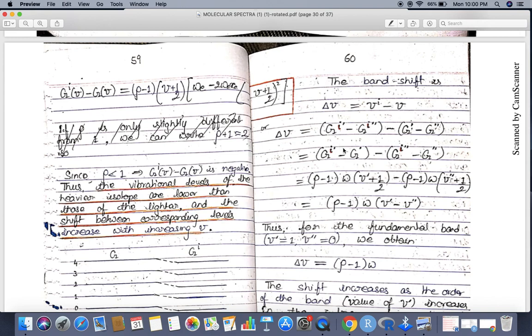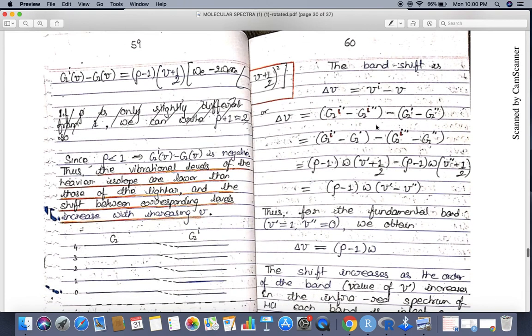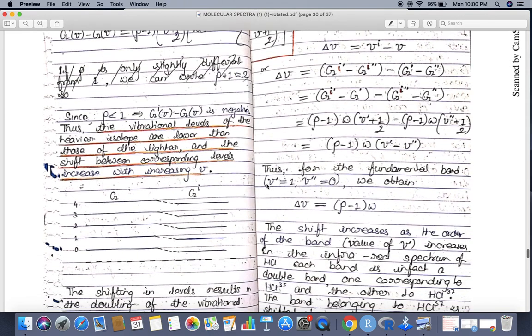Putting the prime terms together and the double prime terms together, this quantity is rho minus 1, omega, times nu prime plus half, minus nu double prime plus half. Then we take out rho minus 1, omega, times nu prime minus nu double prime. Thus for the fundamental band, nu prime is equal to 1 and nu double prime is equal to 0. So we obtain delta nu equal to rho minus 1, omega.